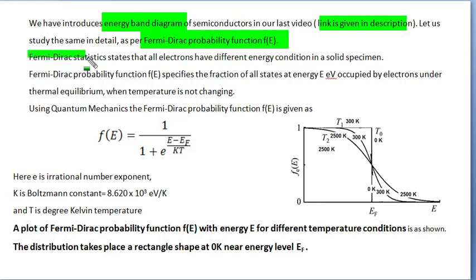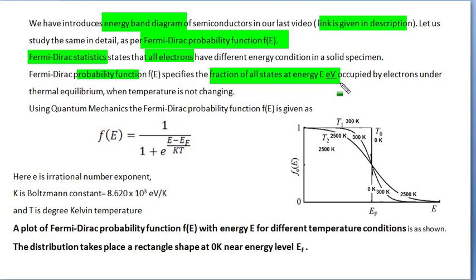Now the Fermi Dirac statistics says that all electrons of a material got different energy conditions, and this probability function of Fermi Dirac specifies how much amount of particular energy state is in comparison to all states under thermal equilibrium, or this probability function specifies the fraction of all states of particular energy E level occupied by electrons under thermal equilibrium. This study is applicable when temperature is not changing.